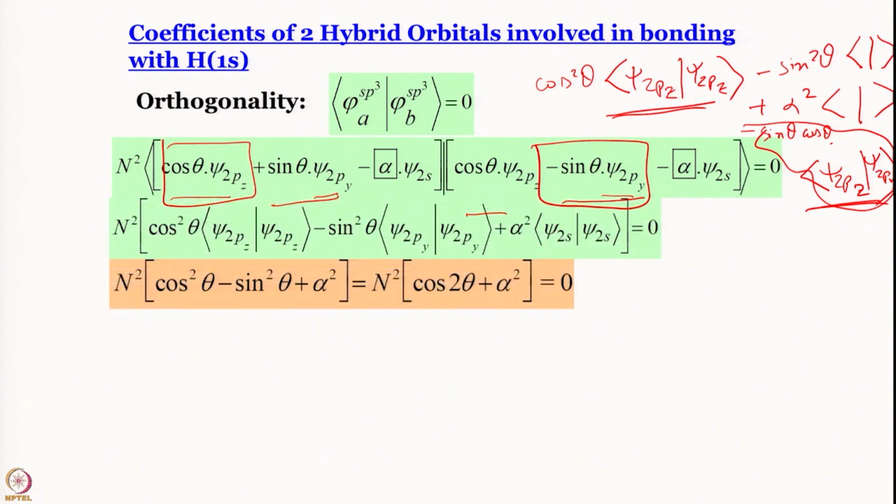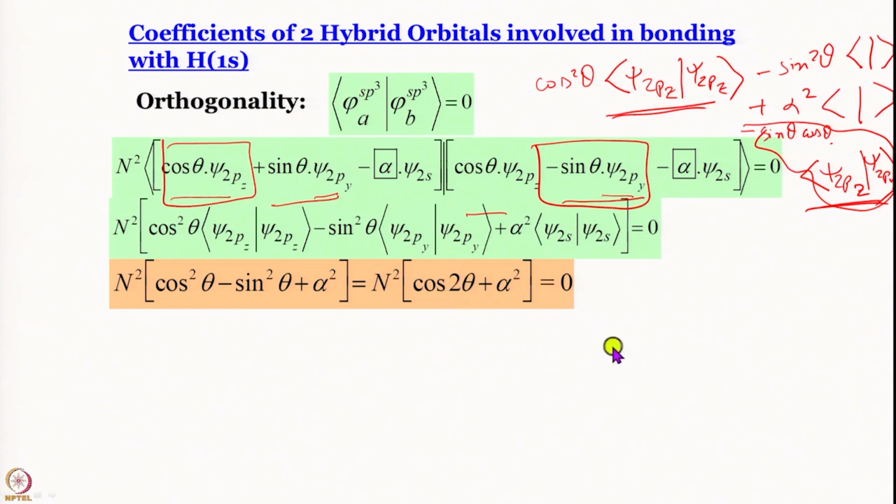So, you get n square multiplied by cos square theta minus sin square theta plus alpha square is equal to n square cos 2 theta plus alpha square, that is equal to 0. Cos square theta minus sin square theta is cos 2 theta as we know. Alright, now do we know cos 2 theta? We do. Do we know n? We do not, but it does not matter because n cannot be 0. So, we forget about that.